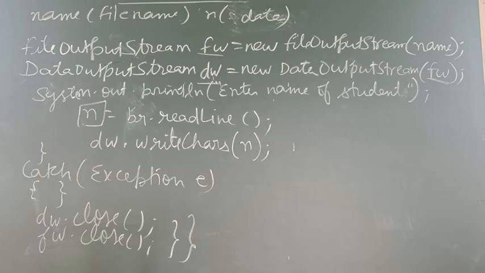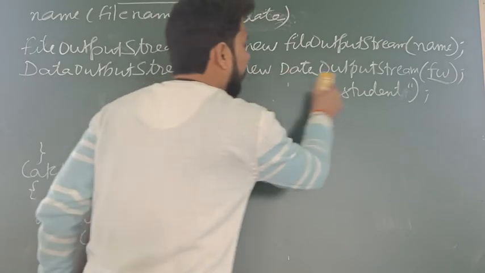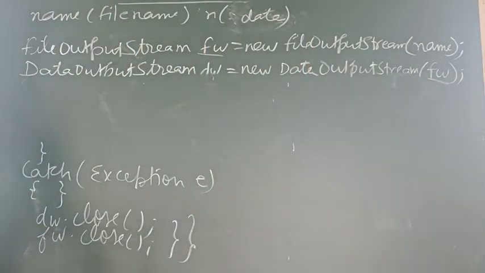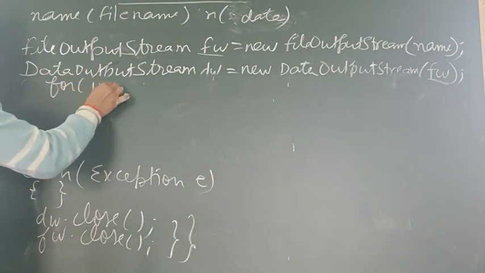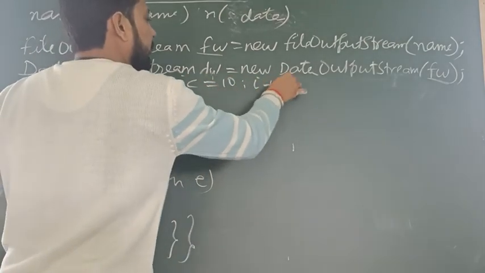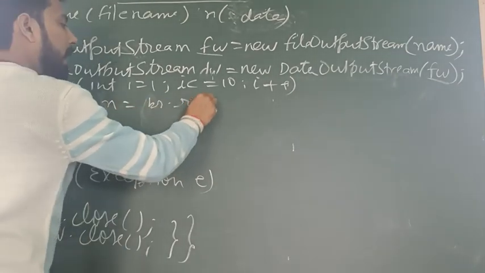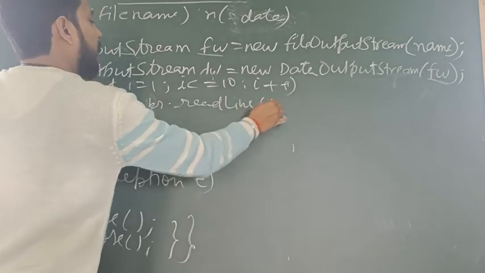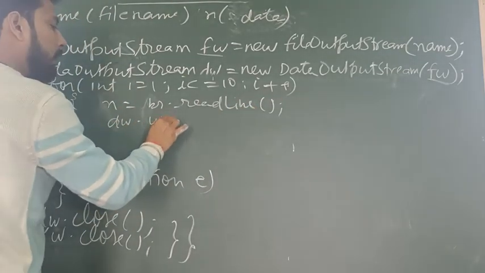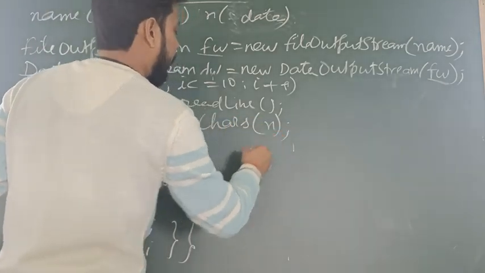Clear? And suppose you want to write not the single name, you want to write some more names, then you just provide the loop. अगर हमें एक से ज़्यादा नेम को साथ में लिखना है, then suppose we want to enter 10 names, तो हम कैसे लिखेंगे? For int i equals to 1, i less than equals to 10, i plus plus, and n equals to br.readLine. Clear? Then dw.writeChars, and we will pass the n.